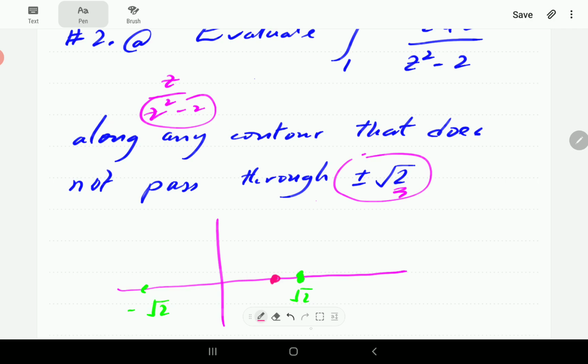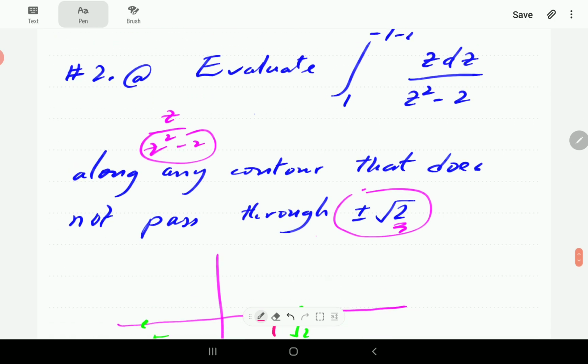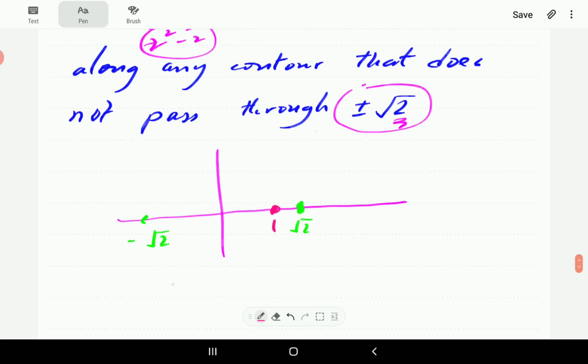If that is root 2, 1 is going to be somewhere there, and then we're integrating to minus 1 minus i. Minus 1 minus i is going to be there. So any contour that does not go through these two is going to be fine. Then we know that the value of the integral is going to be a function of these two points.